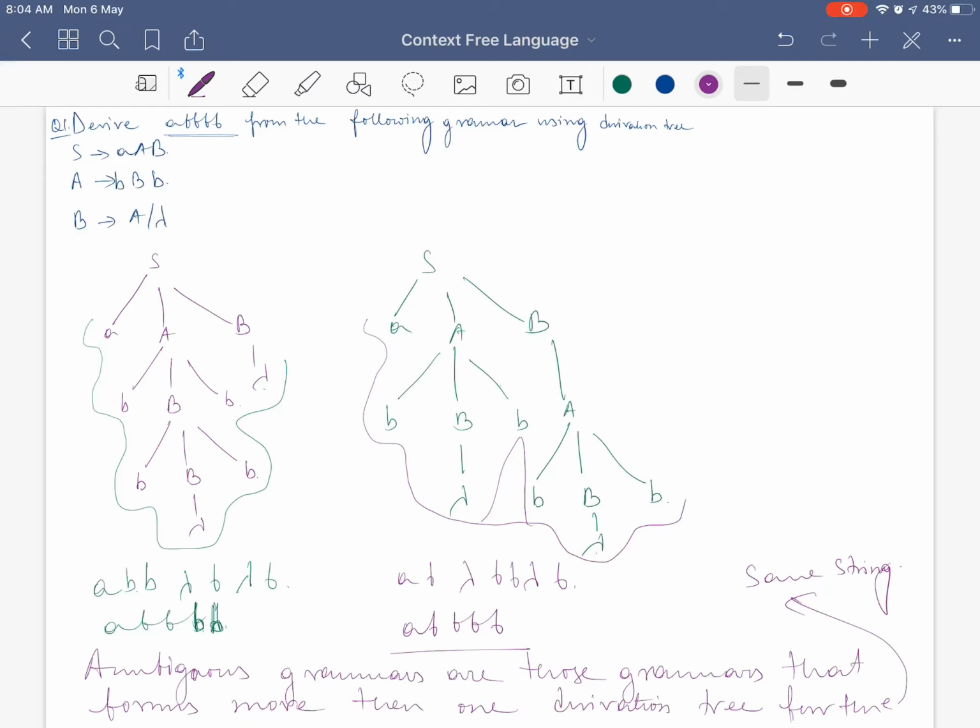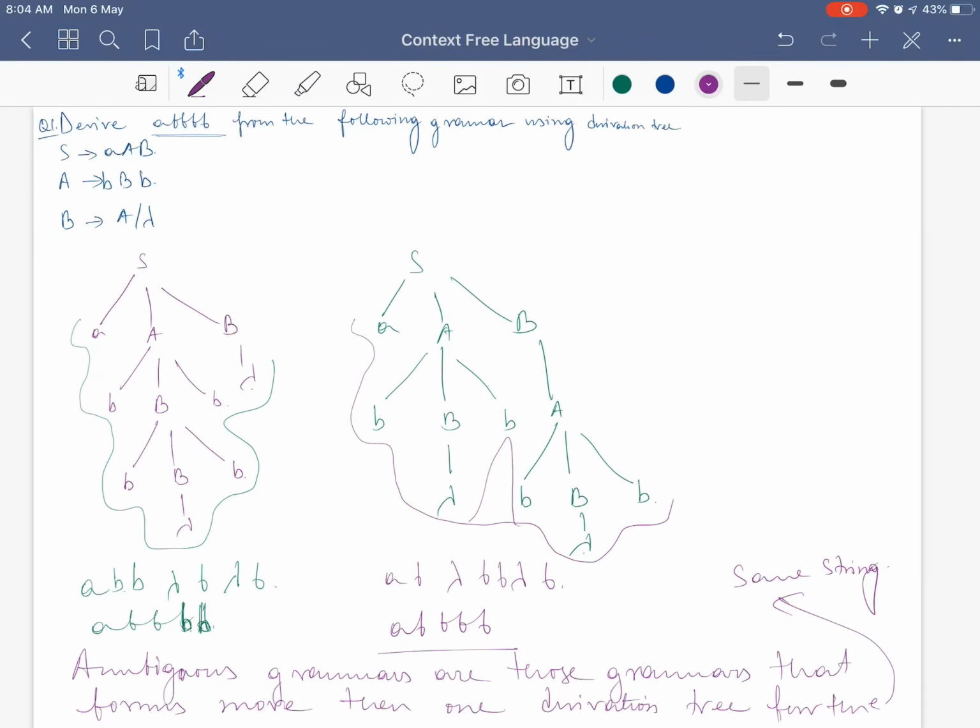We will discuss it later, but first we have to check whether a particular grammar is ambiguous or not. So let us see another example that will clear our concept. Now let us see the next example, whether this one is ambiguous or not.